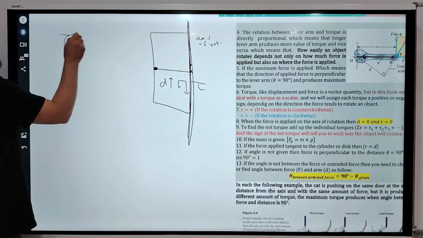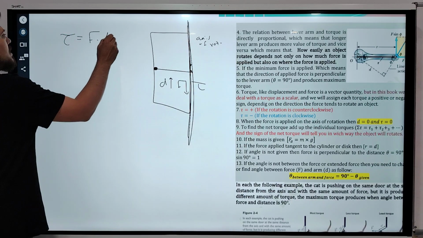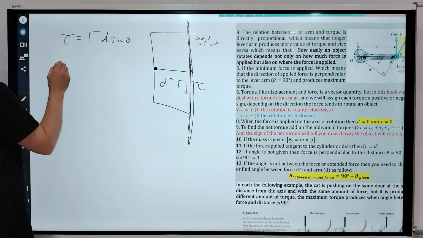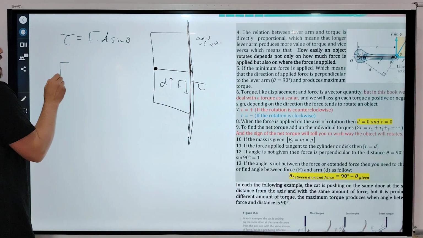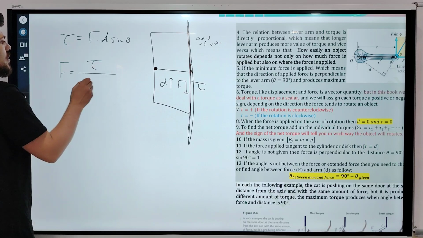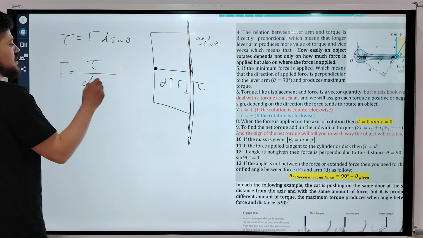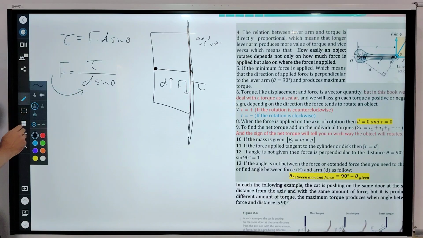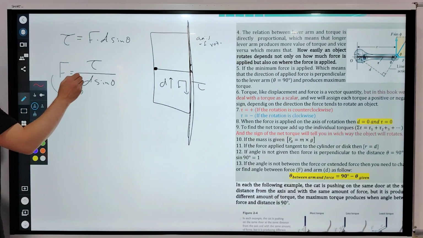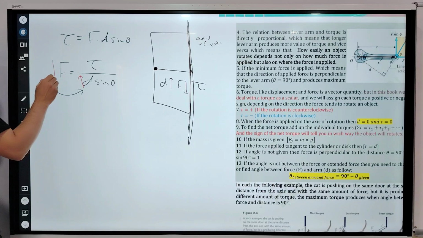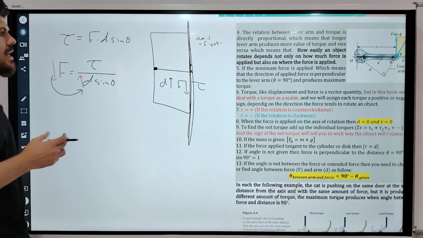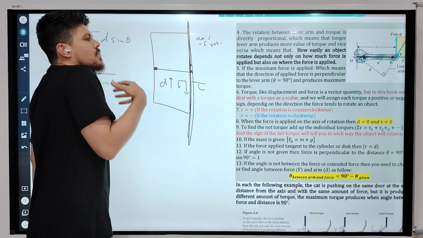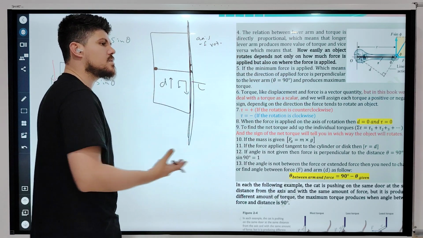Why? Because torque is equal to Fd sine theta, so F is equal to torque over d sine theta. What is the relation between force and distance? Inversely proportional. More distance requires less force. Why is the handle of the door located at the edge of the door? To require less force, to minimize the force.